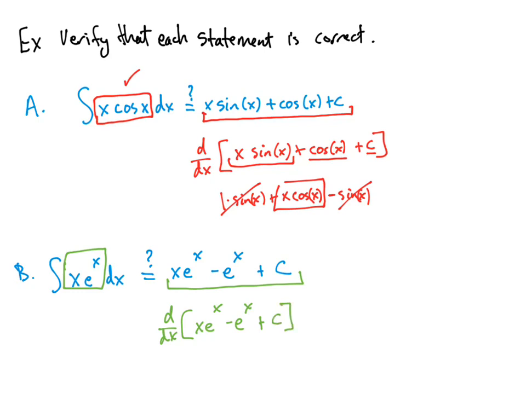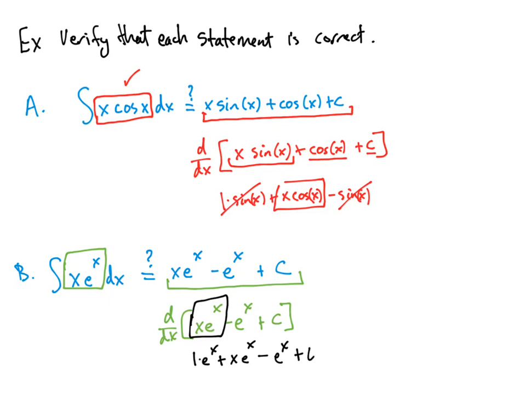Okay, so again we have a product right here. Let me use a different color. We have a product right here. So we're going to say the derivative of x is 1 times e to the x plus x times the derivative of e to the x. Well, the derivative of e to the x is just e to the x, minus the derivative of e to the x again is e to the x, and then the derivative of c is 0.